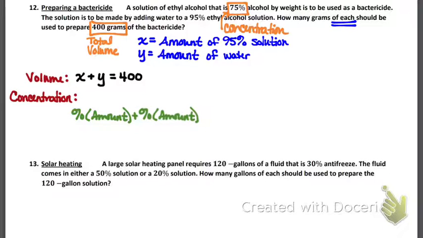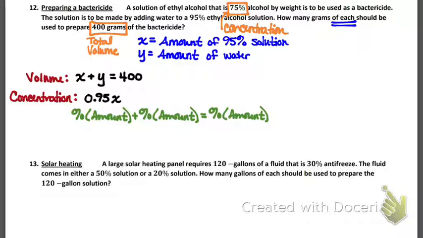This will tell me how much alcohol there is in each of these pieces. Since they've been given to me as percentages, I have to use the percentage times the amount to figure out how much alcohol is actually present in this. So for the 95% solution, I have 0.95, and then the amount of that is what my x variable is representing.